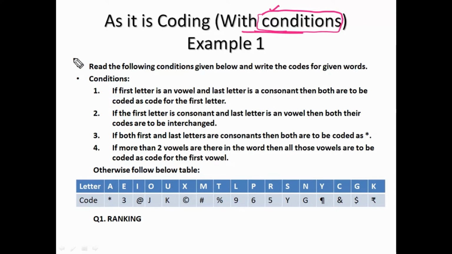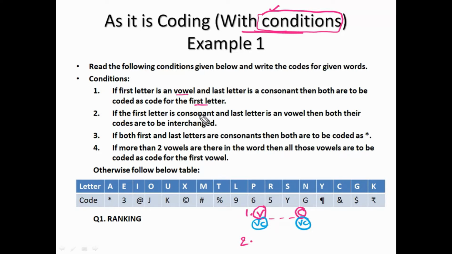Condition 1: if the first letter is a vowel and the last letter is a consonant, both are to be coded as the code for the first letter. Whatever the vowel code is, we have to write that vowel code for both of them, vowel code and vowel code.